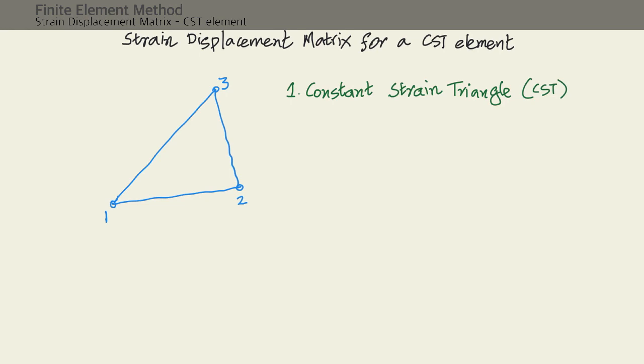We also know that the nodal displacement values are u1 at node 1 and v1, u2, v2 at node 2 and u3, v3 at node 3. u is the x component and v is the y component of the displacement.